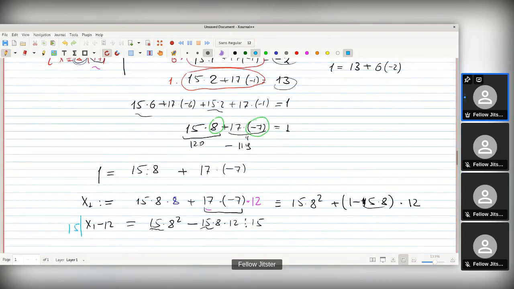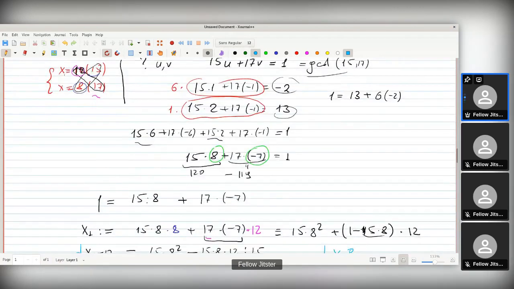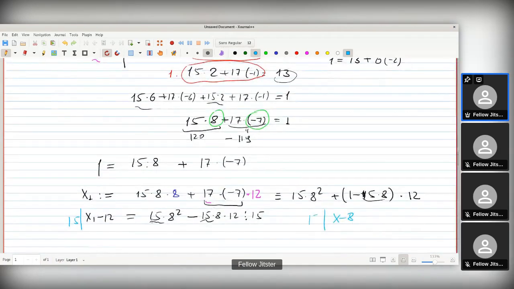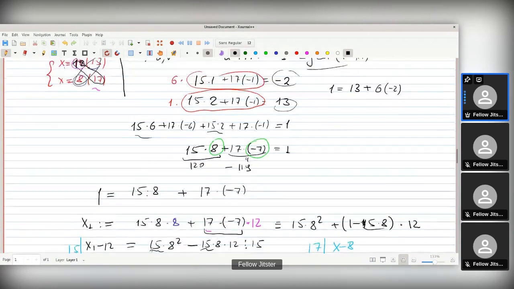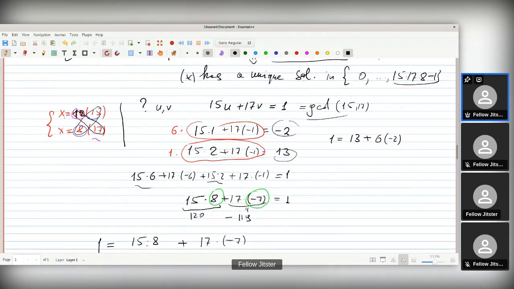Likewise, I can prove that x1 minus 8 is divisible by 17. So it is almost a solution, but still it is not a solution. Why isn't it a solution? It just satisfies two congruences. Yes, it is out of range.